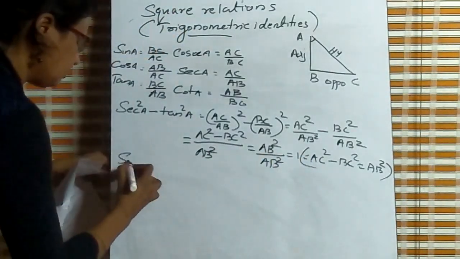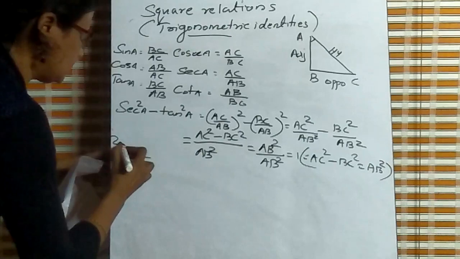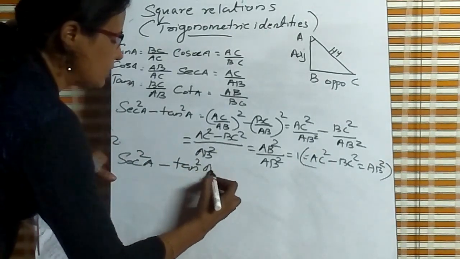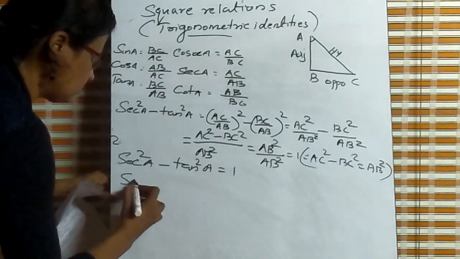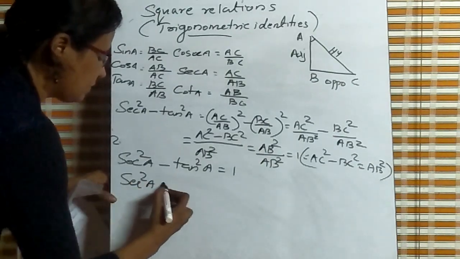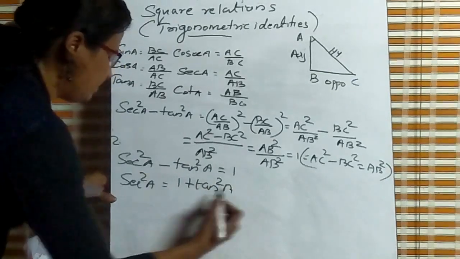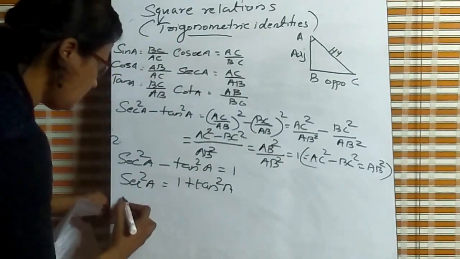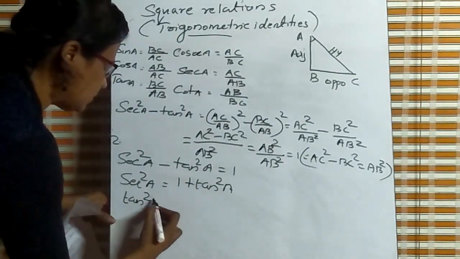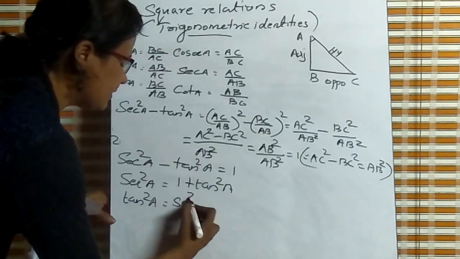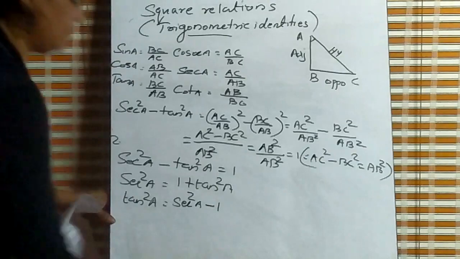So our second identity is sec square A minus tan square A is equal to 1. From this, what is sec square A? Sec square A is equal to 1 plus tan square A, and tan square A is equal to sec square A minus 1.